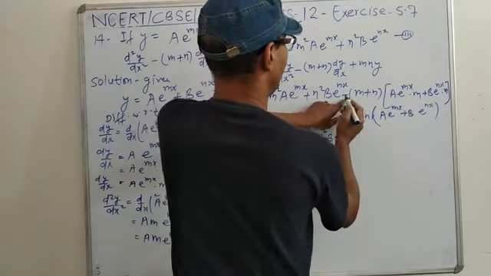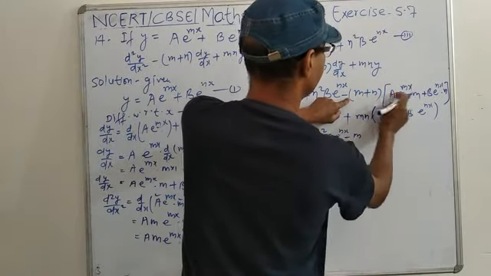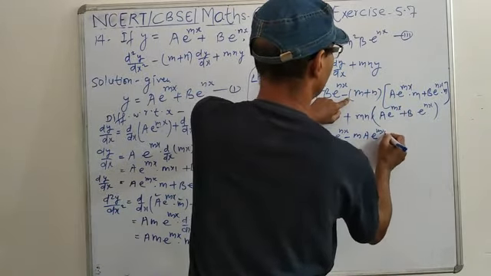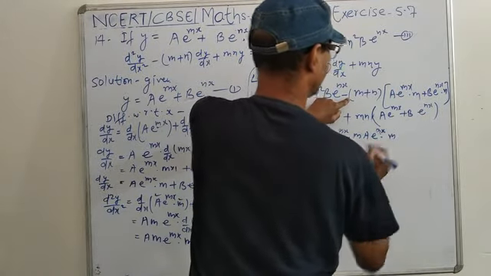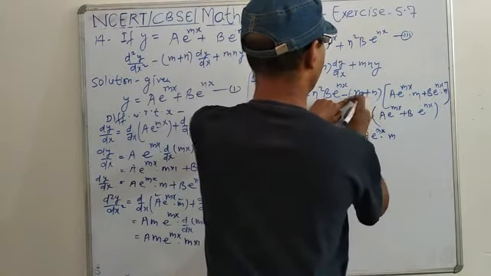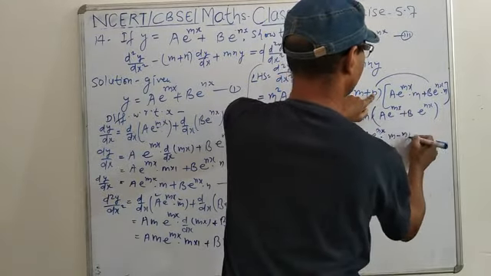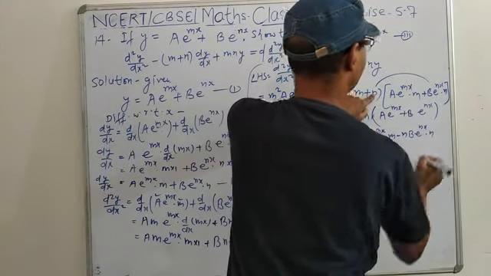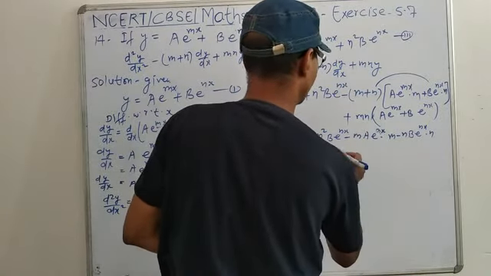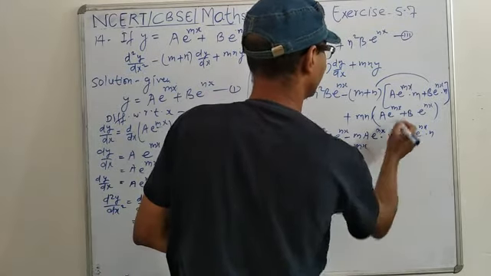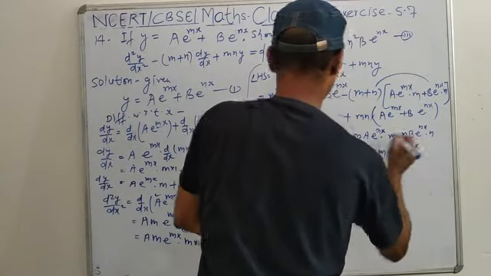Now this multiplied by minus m into this: minus m into a e to the power mx into m, again minus n multiplied by this, n b e to the power nx into n, plus mn into a e power mx plus mn b e to the power nx.